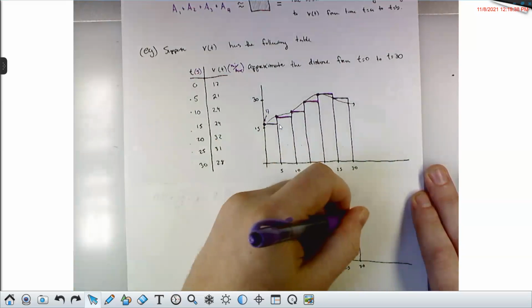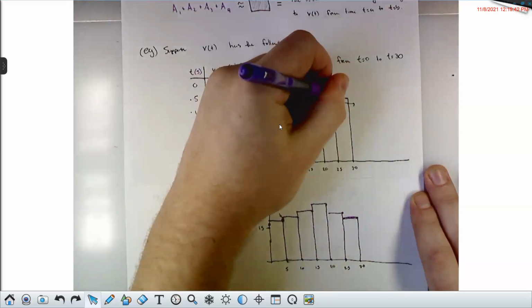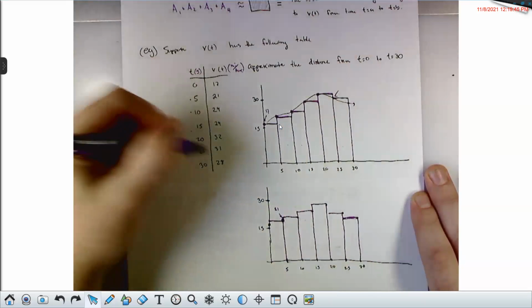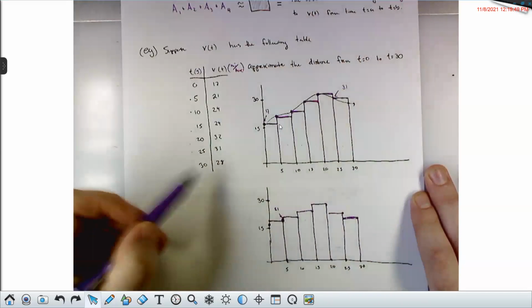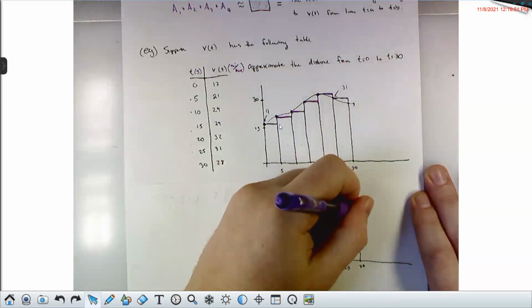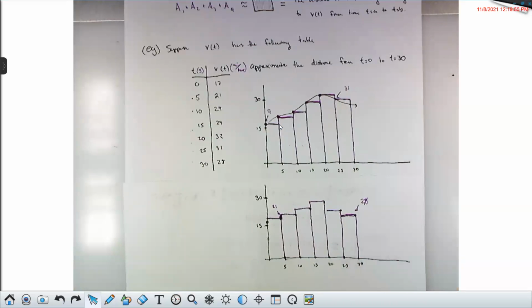And if you look at the last rectangle, you can see a difference there as well. The last rectangle here, the y value is 31. So this last rectangle has height 31. Here, the last rectangle has height 28. So there are differences between the left and right endpoint Riemann sums.